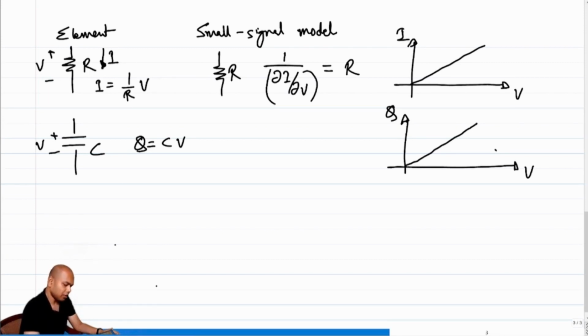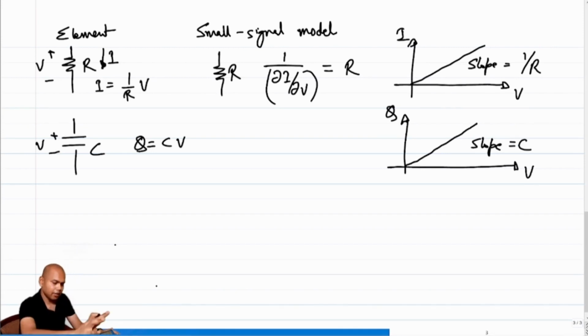What is the slope of this straight line? The slope is C anywhere on this curve. So essentially this capacitor gets replaced by a capacitor with a value C.